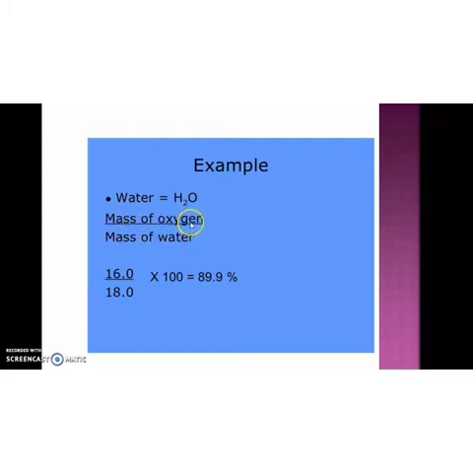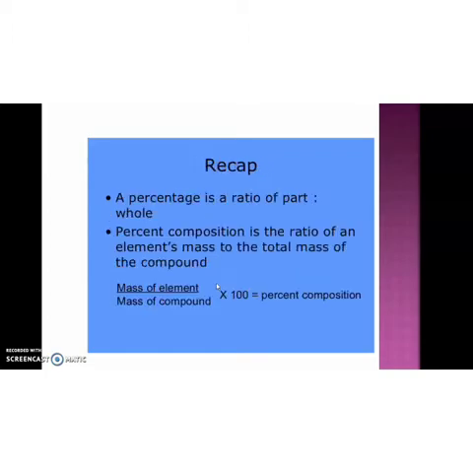Since only one oxygen atom is present, it is 16 divided by the total mass, that is 18, into 100, which is around 88.9 percent. Like this, we can calculate the percentage composition of hydrogen also.